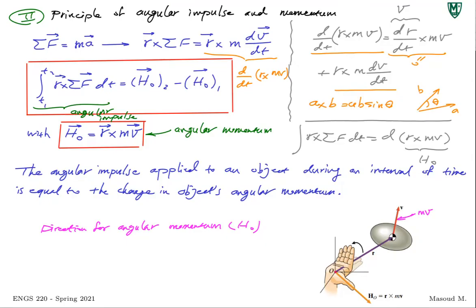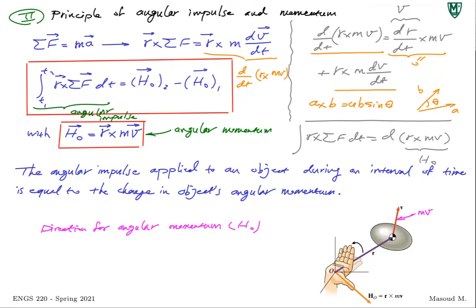Use the right-hand rule: four fingers in the direction of the r vector, palm of your hand facing the direction of your velocity when you make your fist. Your thumb shows the direction of angular momentum. That's how you can find the direction of angular momentum in three-dimensional space.